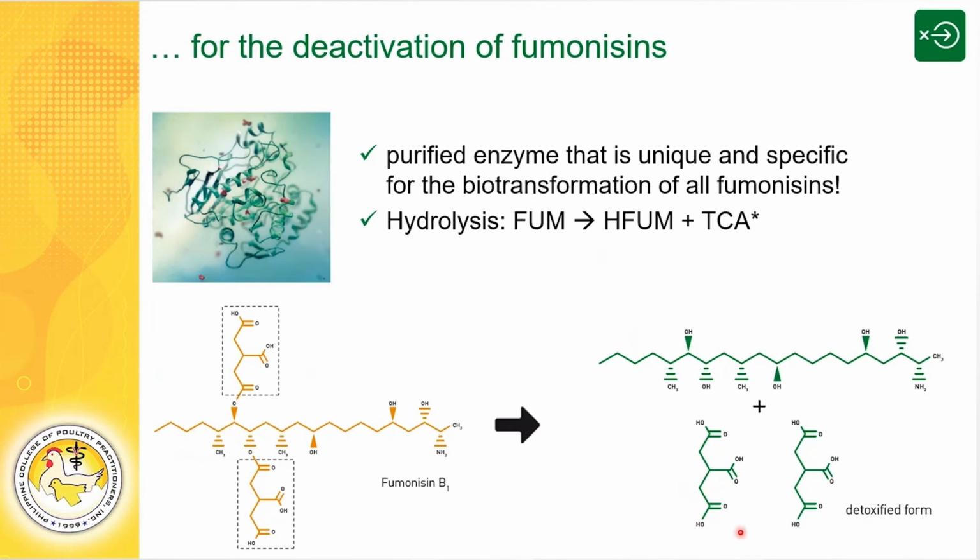This product is no longer able to bind to the binding site in the cells, and is therefore non-functional. Because Fumzyme is authorized in the European Union for poultry and swine, as for the other components, we had to demonstrate that this metabolite is non-toxic and not active anymore.